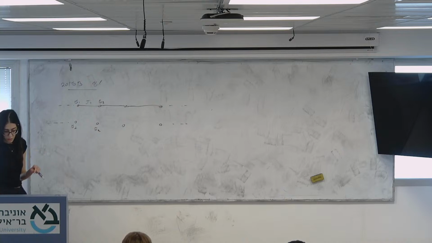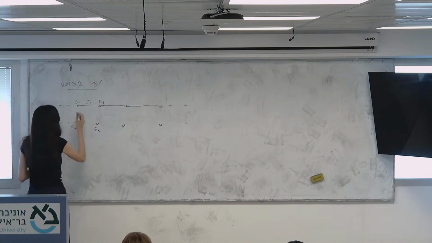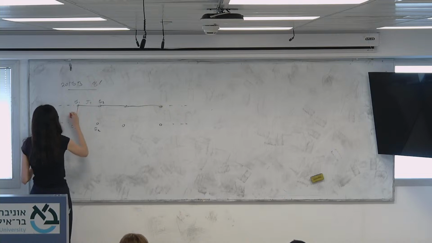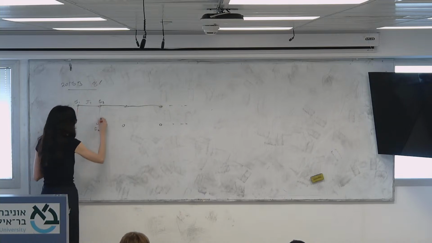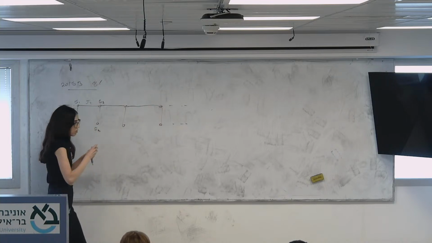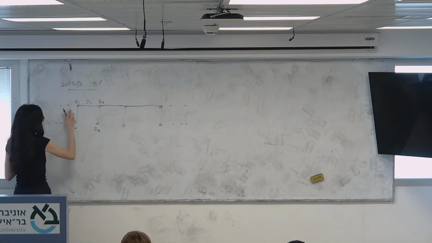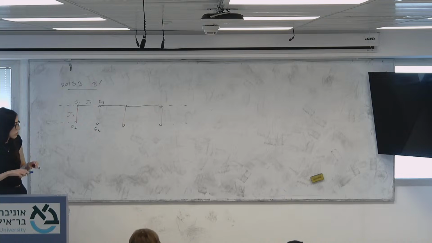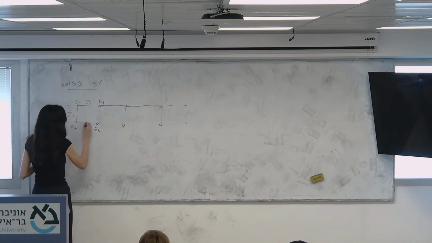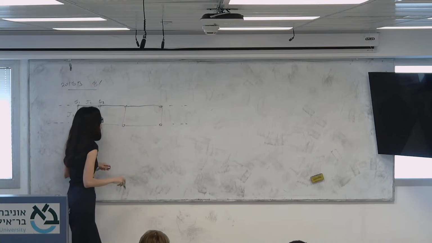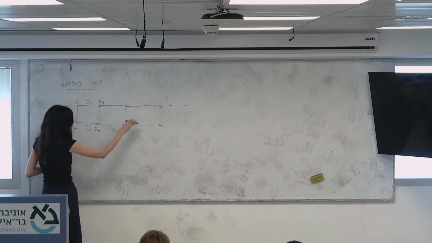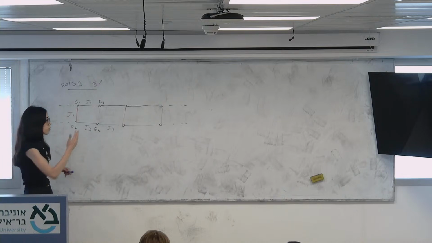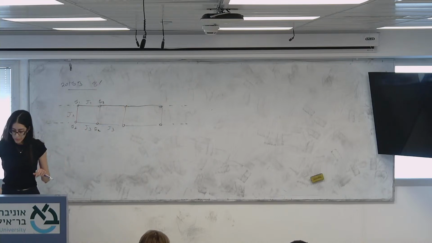We have one between sigma 1 and sigma 2 called J2. And sigma 2 and sigma 4, J3. So this is also going to be J3, and also those will be J2 and so on.